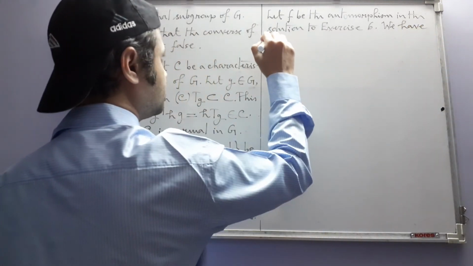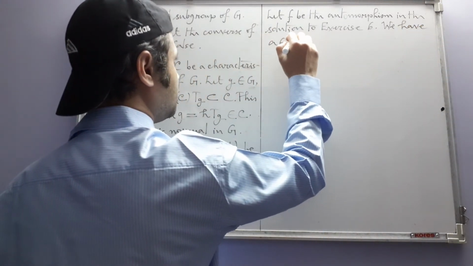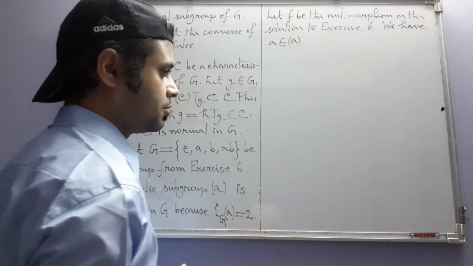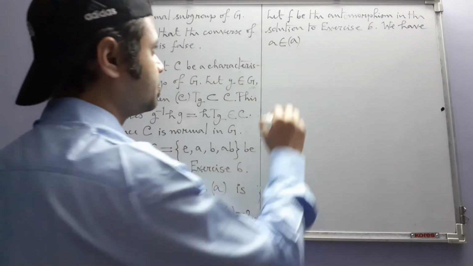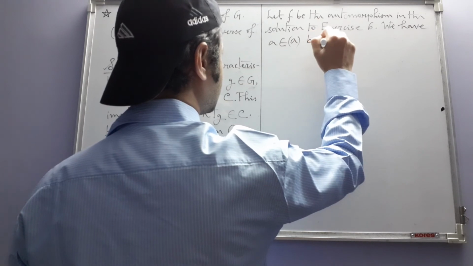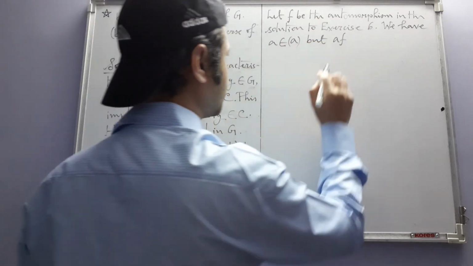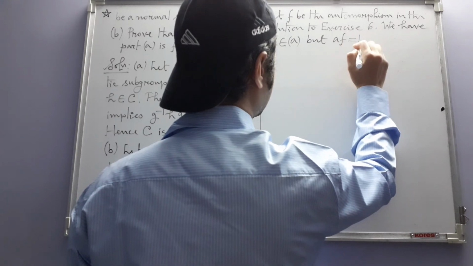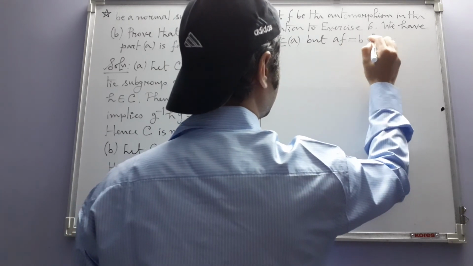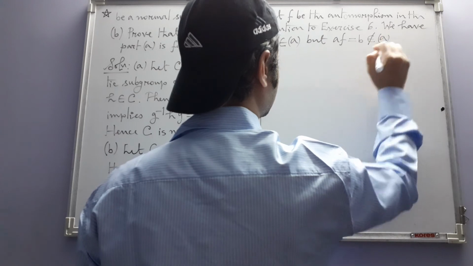We have A belonging to the cyclic subgroup generated by A, but when we apply the function f on A, we get B, which does not belong to this.